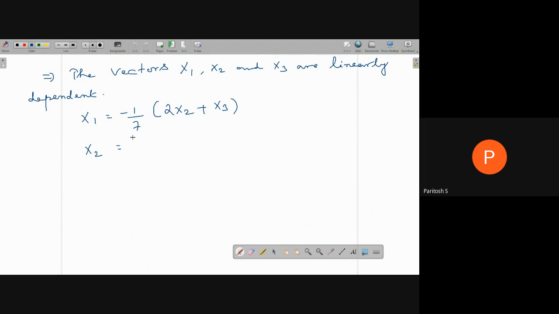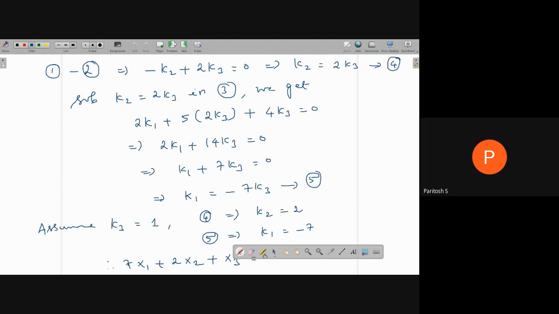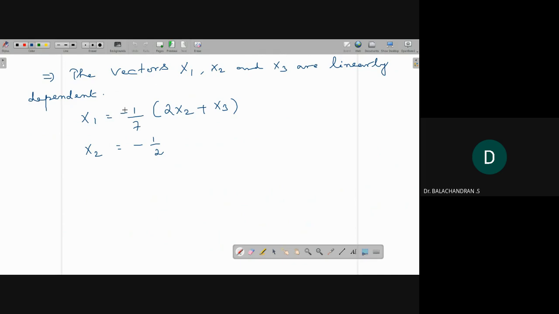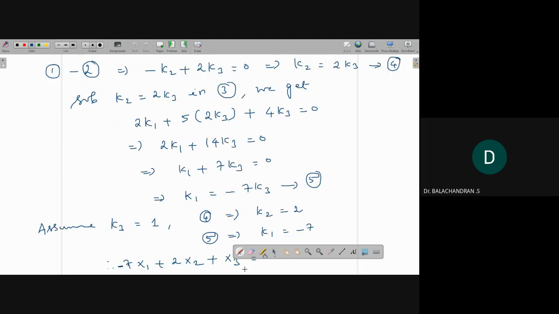Sir, in this equation, minus 7x1 should be there, because the K1 value is minus 7. Okay, thank you. Minus 7, so here it is plus 1 by 7. Yes. And what about x2 in terms of x1 and x3?